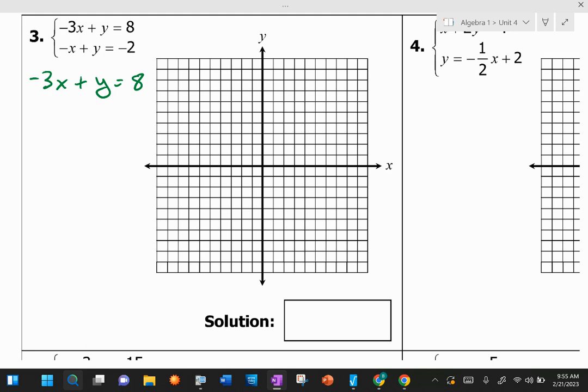That is what I'm asking you to do right here is solve for y. What does it mean? Discuss.